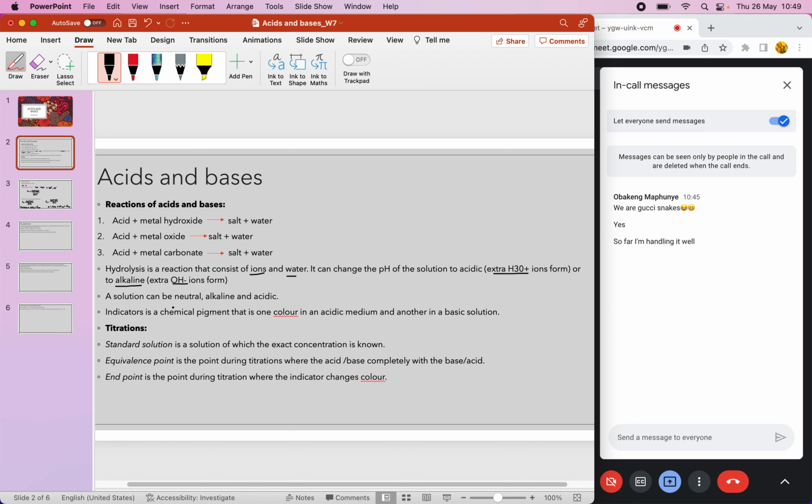So during the reaction of a strong acid and a strong base, a neutral solution is formed. I will repeat that. A neutral solution is formed during a reaction between a strong acid and a strong base.